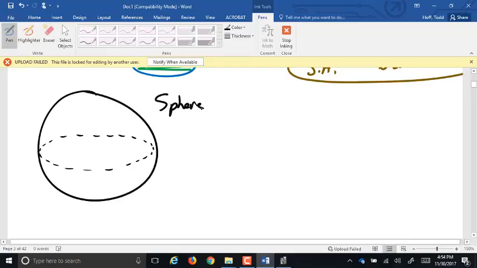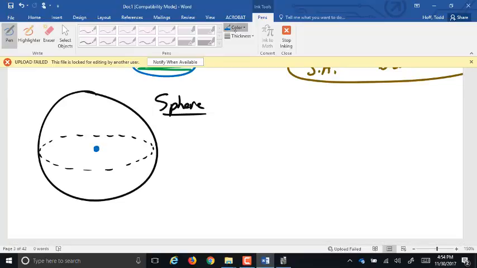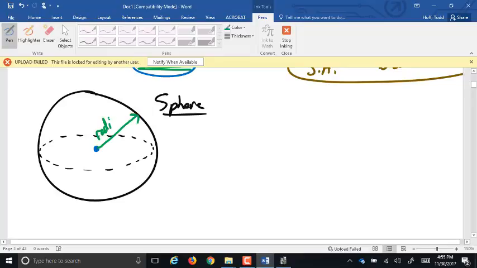Let's talk about a sphere. A sphere has only 2 defining characteristics: the location of its center, which really doesn't affect its volume and surface area, and the length of its radius.